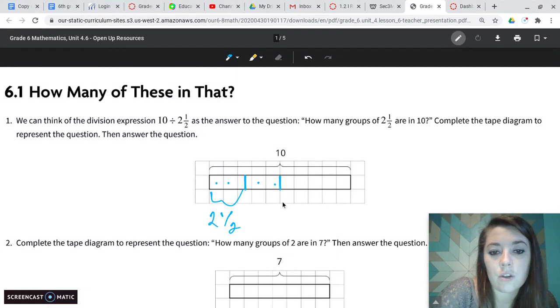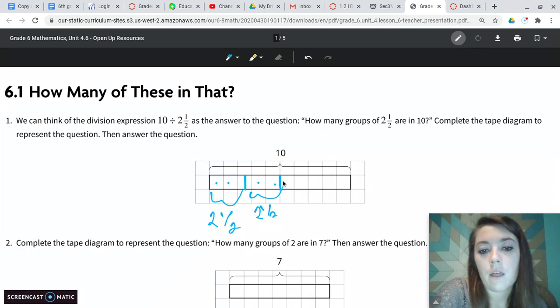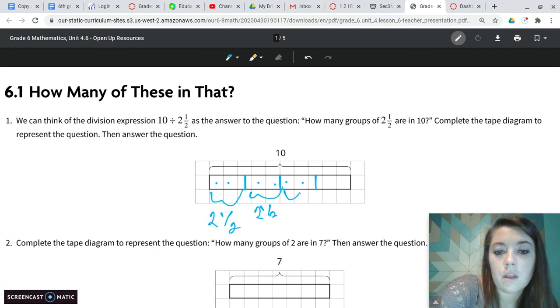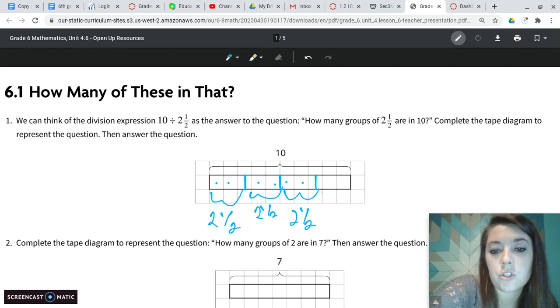So there'd be a second grouping. So there's another 2.5. And then once again, 1, 2. We have our half. So there's another 2.5. And then last but not least, there's the half, then there's 1, and then there's 2.